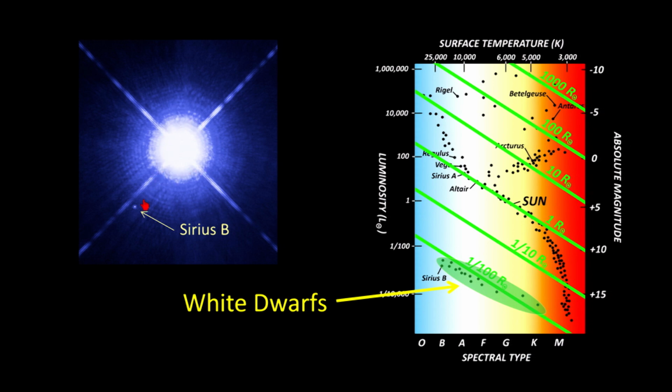But notice in this photograph, you can actually see Sirius B. So this is the white dwarf that is the companion to Sirius A, because this is a binary system where one star has finished its evolutionary sequence and has become a white dwarf, and the other star is still going through its evolutionary sequence.